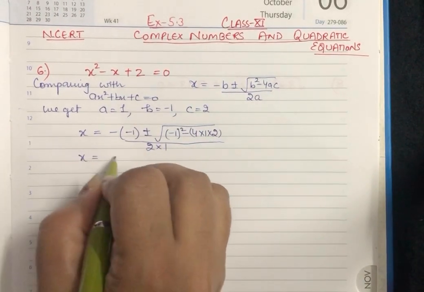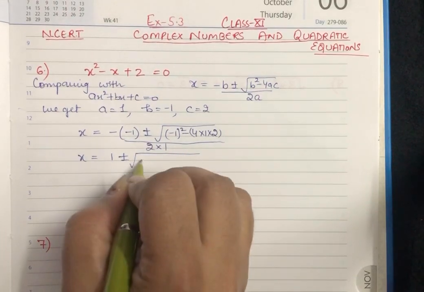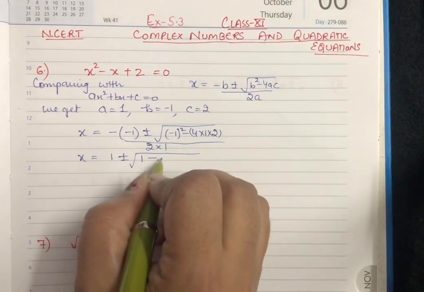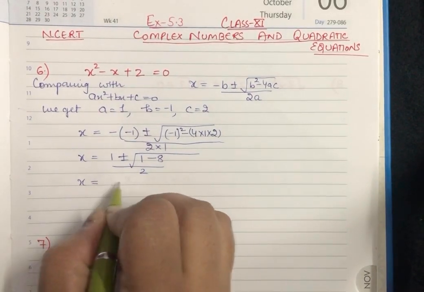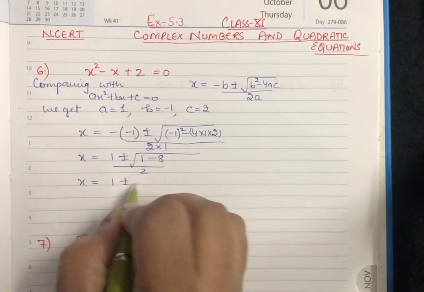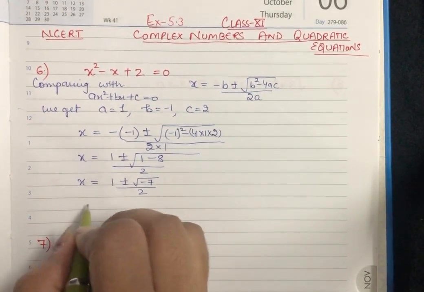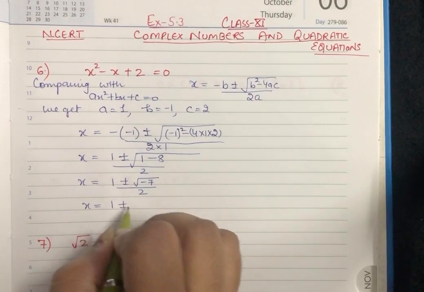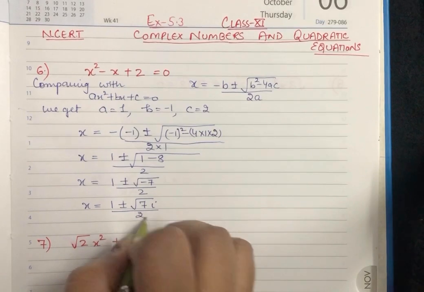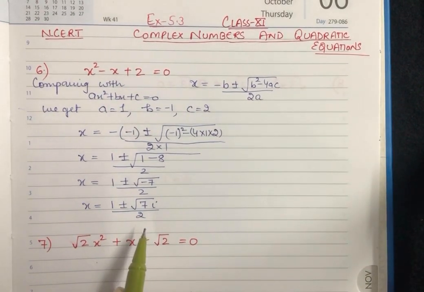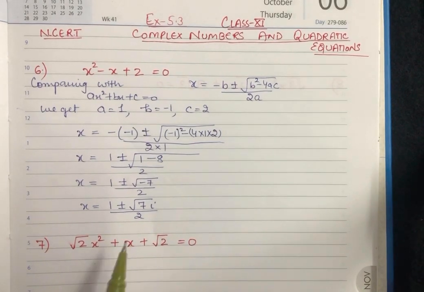So x is equal to 1 plus minus under root 1 minus 8 upon 2, which can be written as x equal to 1 plus minus under root minus 7 by 2, which can further be written as x equal to 1 plus minus under root 7 iota by 2. So this is the required answer we are getting. So this completes 6th question.